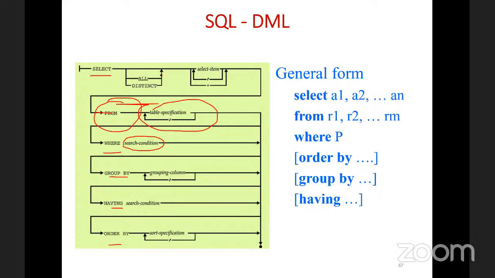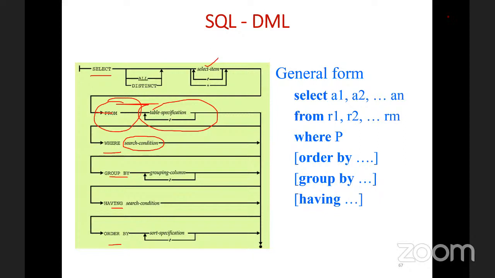Let us say the sailors table has 4 attributes, but I want to display only sailor name, then I mention sailor name only. If I want sailor ID and sailor name, I write sailor ID, comma, sailor name.